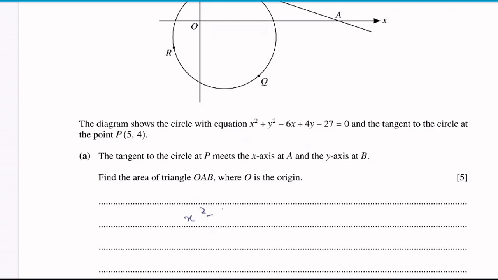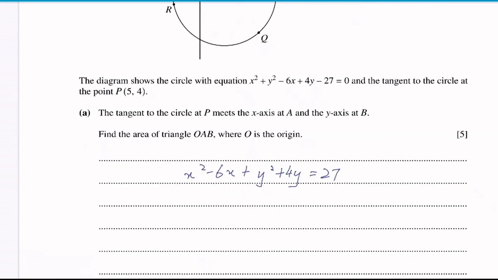So x squared minus 6x plus y squared plus 4y is equal to 27. Complete the square for both x and y. So we get x minus 3 squared plus y plus 2 squared is 40.